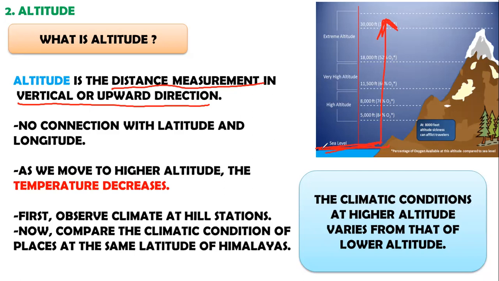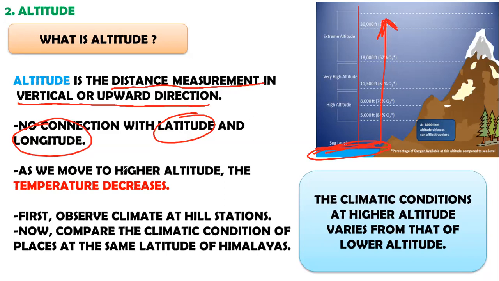Whenever we measure height of a place, we take the sea level as base. And the altitude does not have any connection with latitude or longitude. Places can be at heights, even at equatorial regions. Even at 0 degree latitude, there are many places that can be at great heights. So altitude does not depend on latitude or longitude.